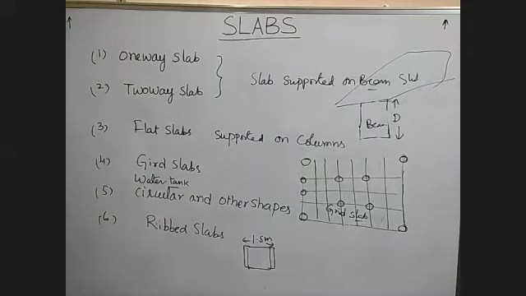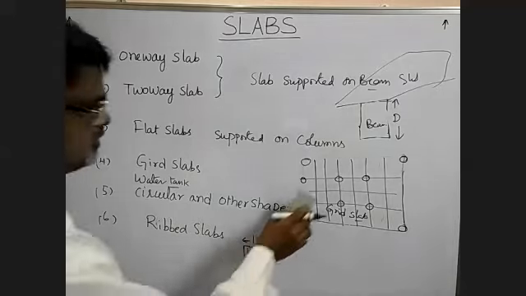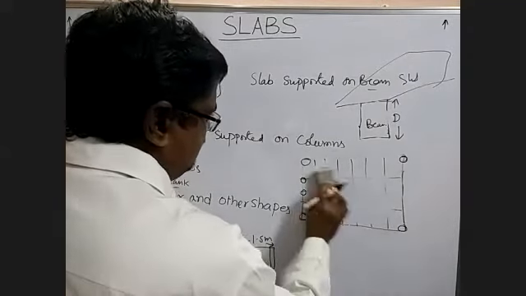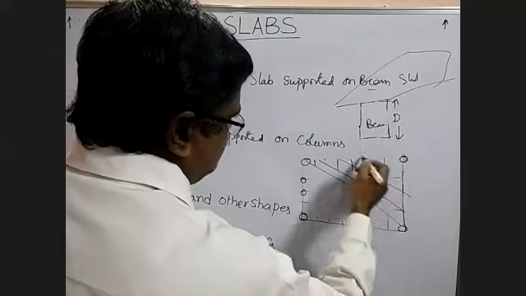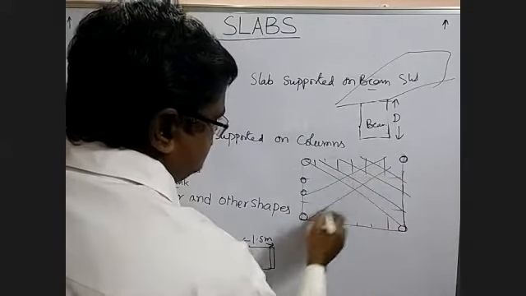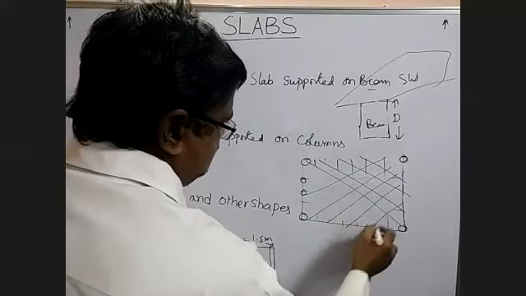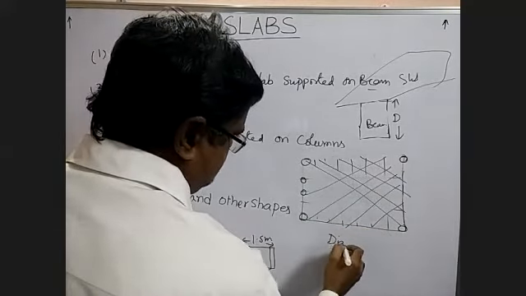And the grid floor may be diagonal also sometimes. Instead of a rectangular one, you can have a diagonal one. This way also you can construct the grid slab. This we call a dia grid.